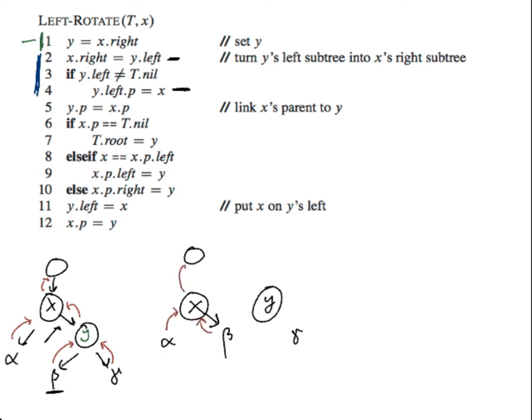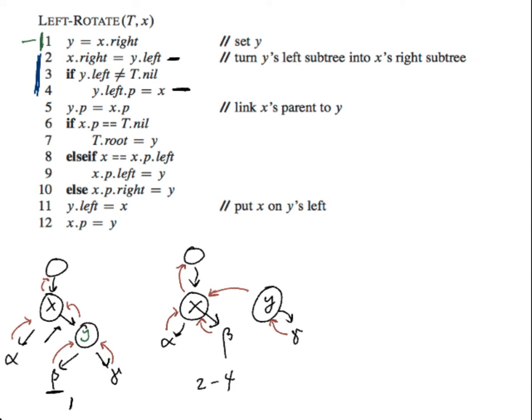Everything else is the same. And y still points up to x. Okay, so that's lines 2 through 4. This is line 1.